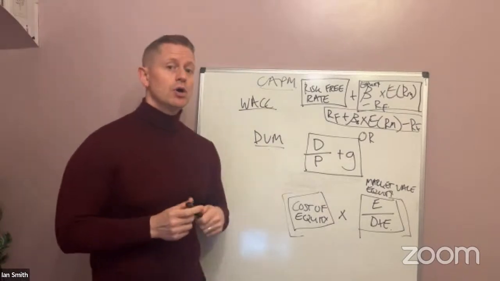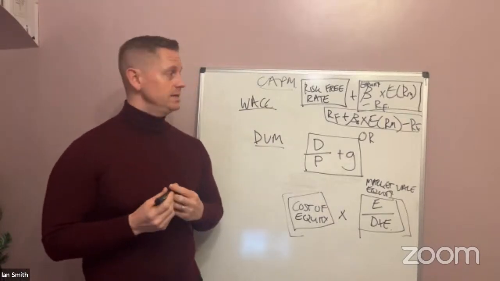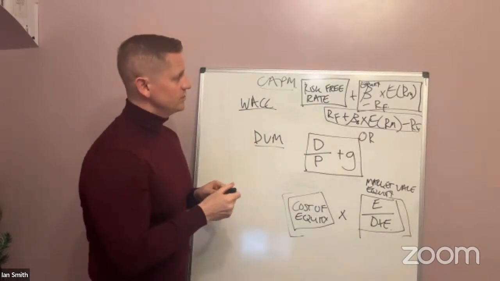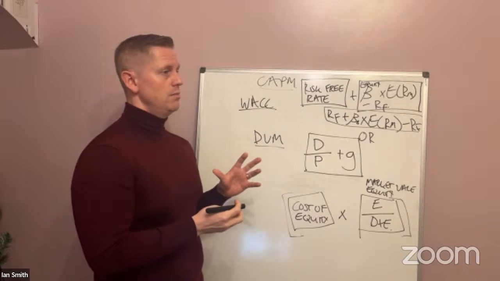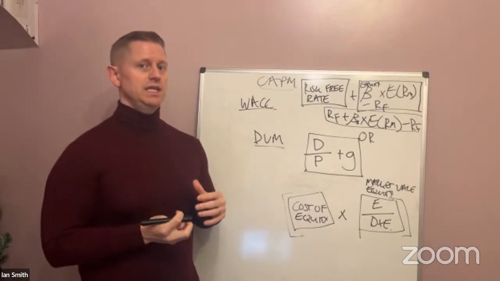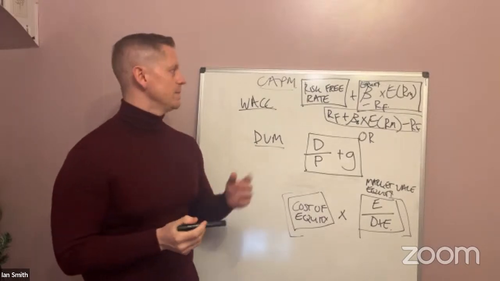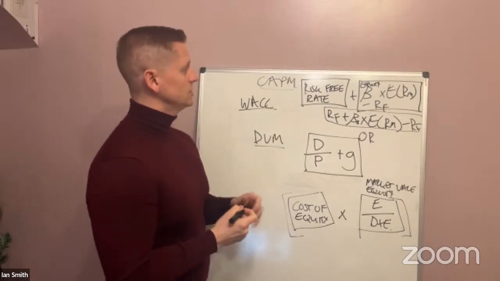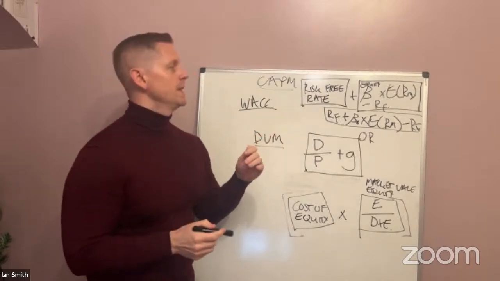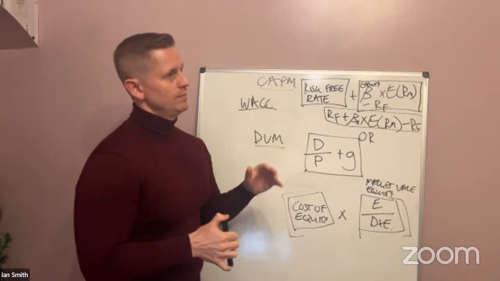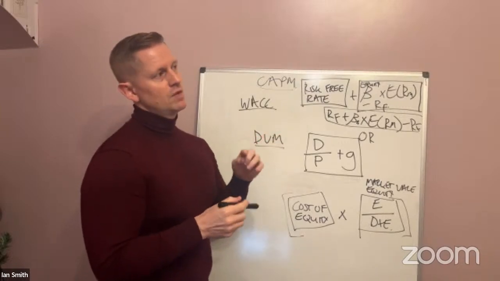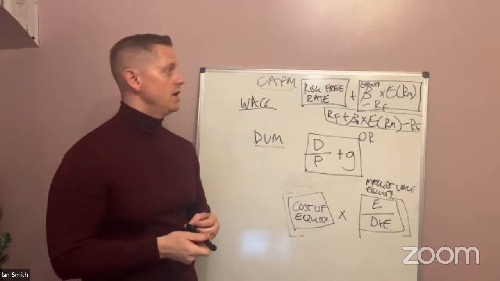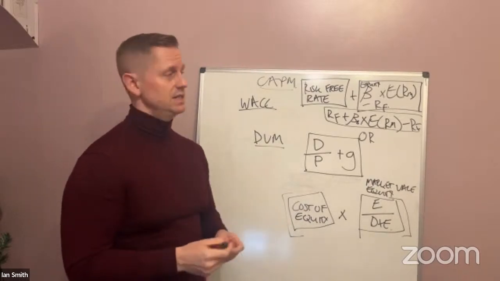Just to recap on the cost of equity. In terms of the cost of equity, what we've covered is there are two methods that you can calculate the cost of equity with. One is the capital asset pricing model. That looks at the risk-free rate added to the equity beta, which measures the fluctuation of the share of the target or entity.